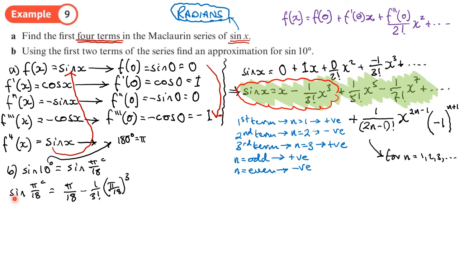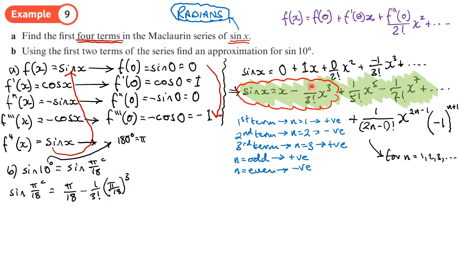Now I want you to notice something before we work it out. This bit here is a bit like the small angle approximation, isn't it? When the angle is in radians, if the angle is small enough, then basically this approximates the sine of that angle. Now, why would that happen? Well, if this angle is small in radians, then if you're cubing a small number, it gets even smaller.